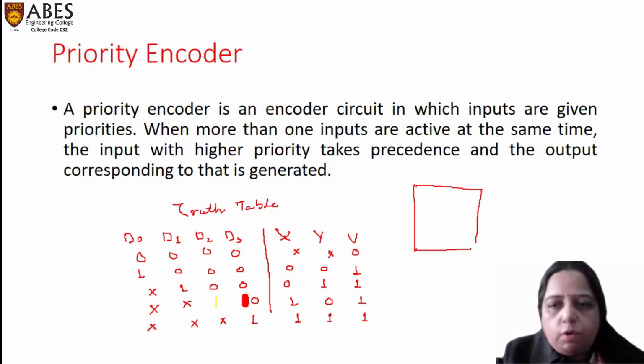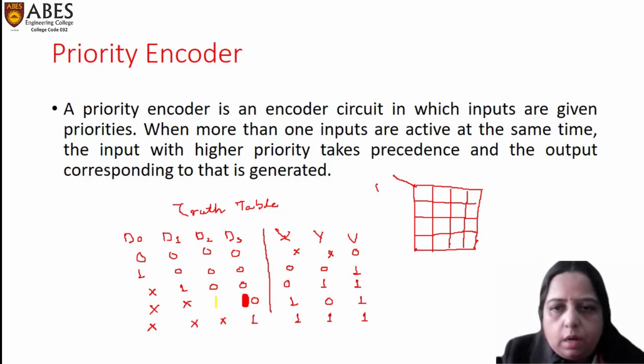So, in this case of a 4-variable K-map, the inputs will be D0, D1, D2, D3, and the output is for X. Since it is for X, 1 will be at these places.